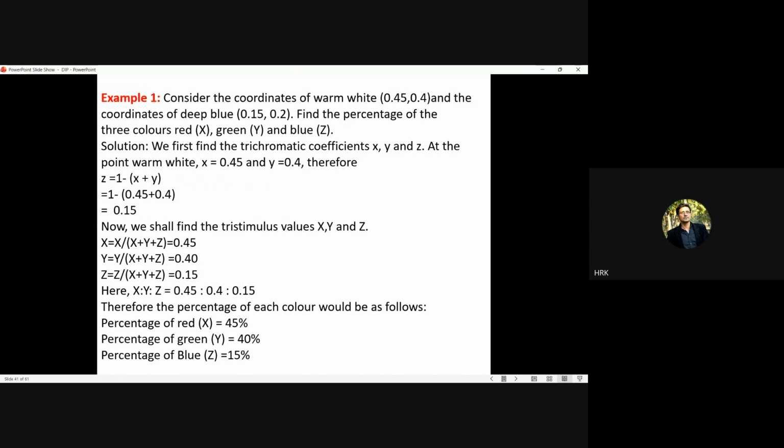Sir, have we used its values in this question or not? I think we have not used the values. We do not need to use the values of deep blue. We have only used the values of warm white.